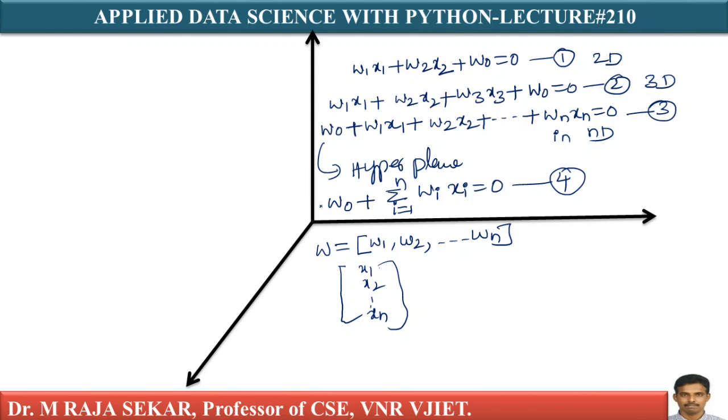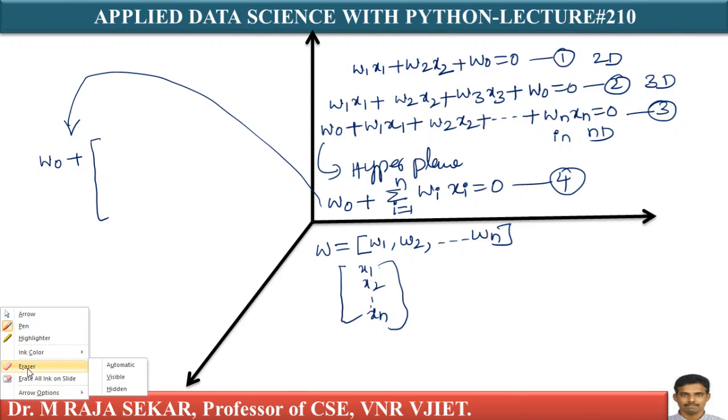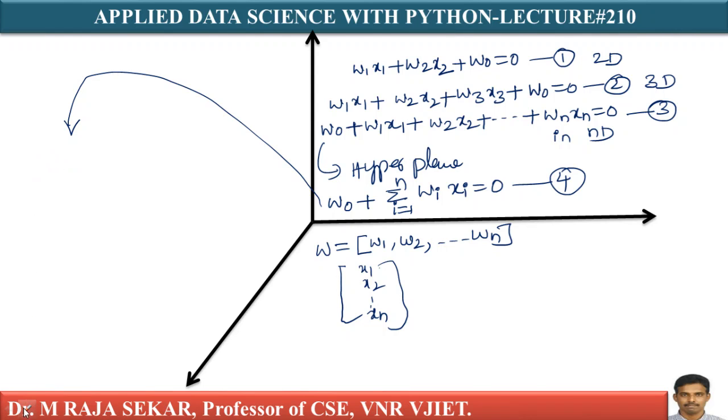Now how can I write my hyperplane equation? Can I write like this? W0 plus, what is my W?